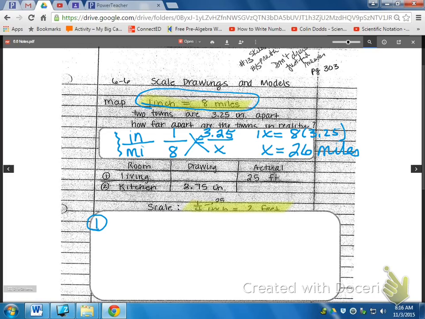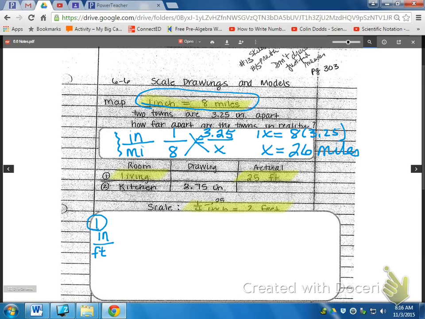In the living room, it tells us that it's got an actual length of 25 feet. So since it gave us the actual length, we've got to find the drawing length, so the inches, basically. Since it's inches to feet, every one of these is going to be inches to feet.